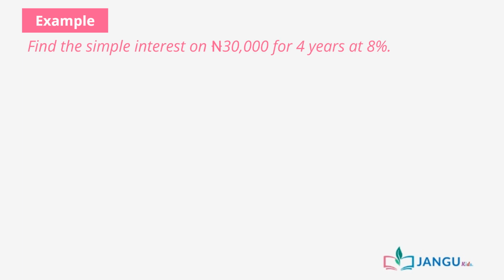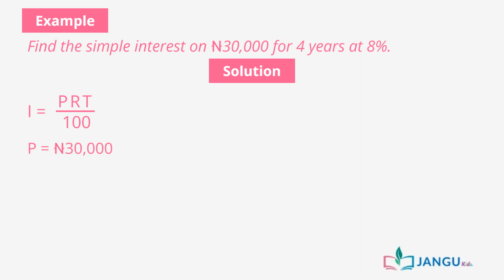Now, let's look at an example on simple interest. Find the simple interest on 30,000 Naira for 4 years at 8%. To find the simple interest, we use the formula I equals principal times rate times time all over 100. From the question, the principal is 30,000 Naira.